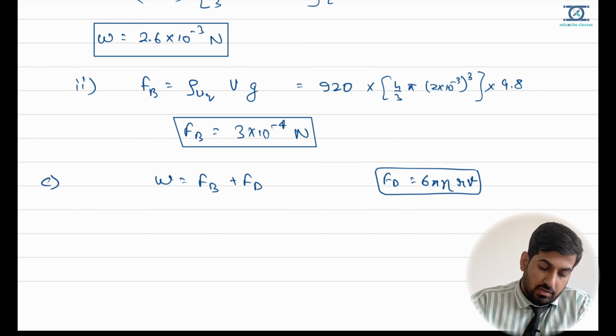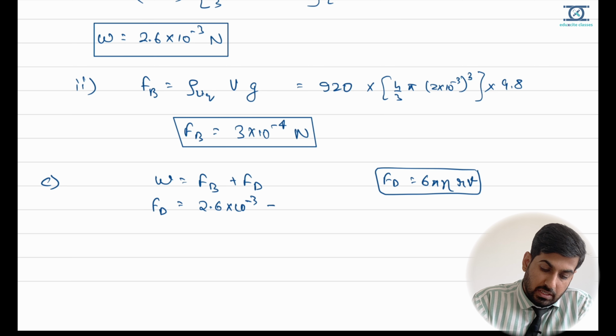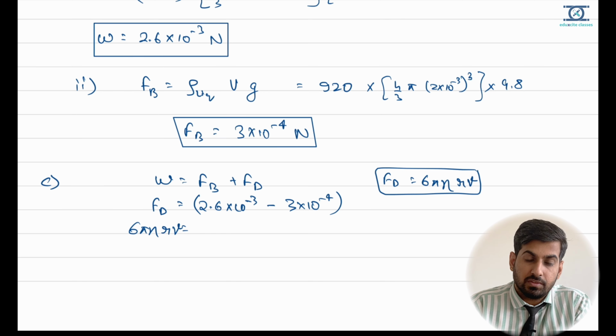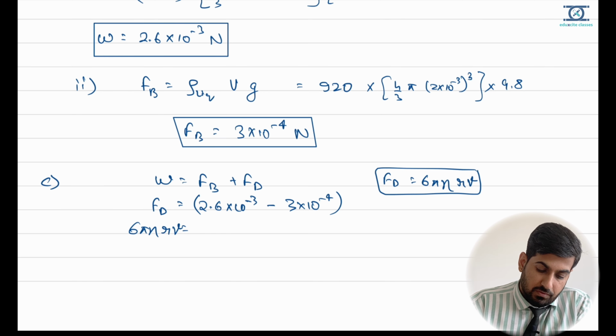So the weight we have already done, so the drag force will be 2.6 into 10 raised to power minus 3 minus 3 into 10 raised to power minus 4, and this will be equal to 6 pi eta r V, where eta is the viscosity of the liquid. So if you solve for this, it will be the same.